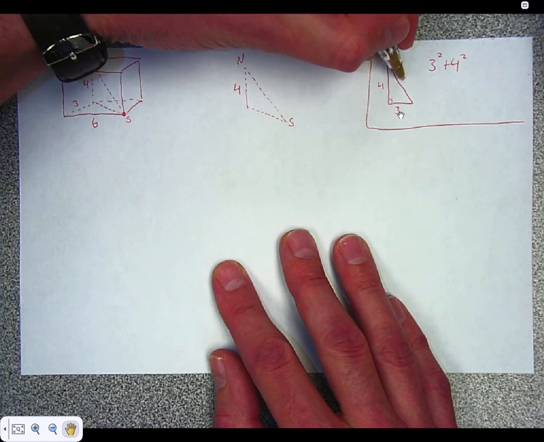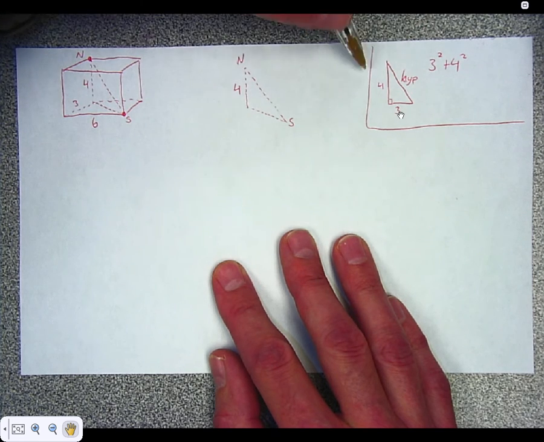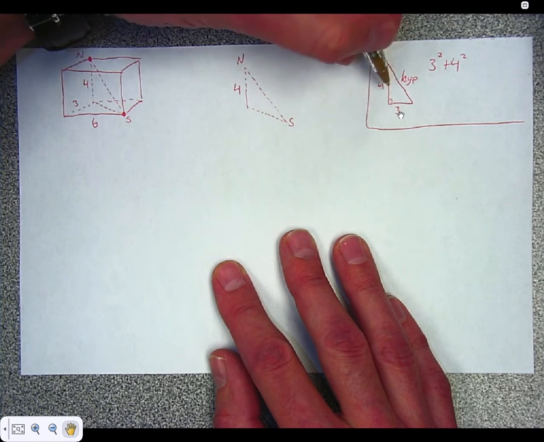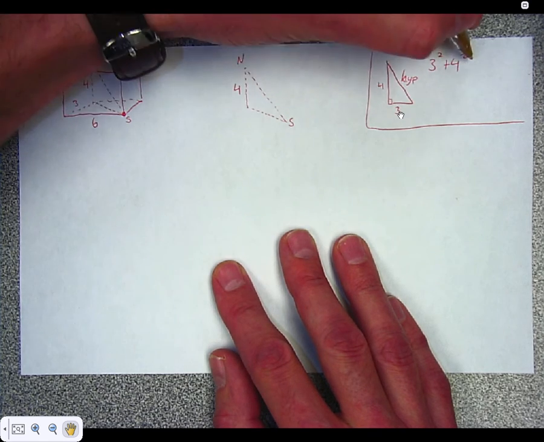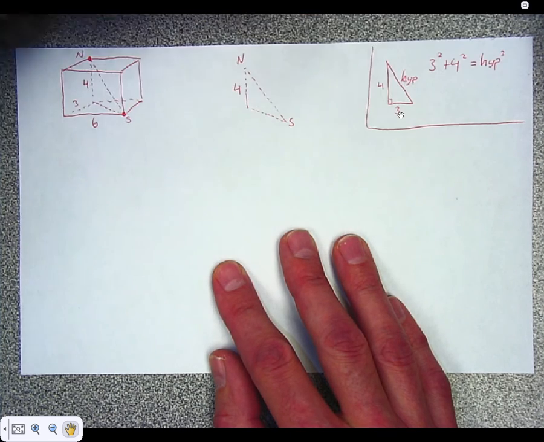We're going to call this height. That's called the hypotenuse of the triangle. You've probably heard that word before, hypotenuse. So if you square the two legs and you add them together, you're going to get the hypotenuse squared. And that's the Pythagorean theorem.